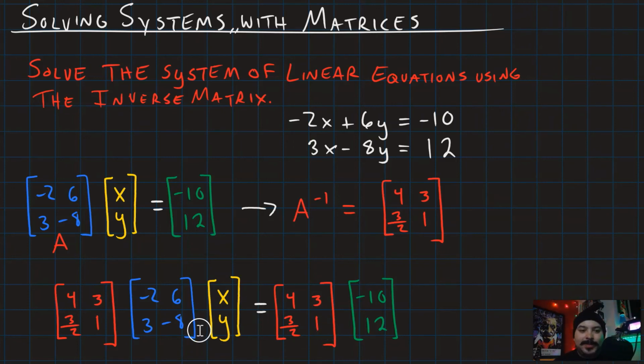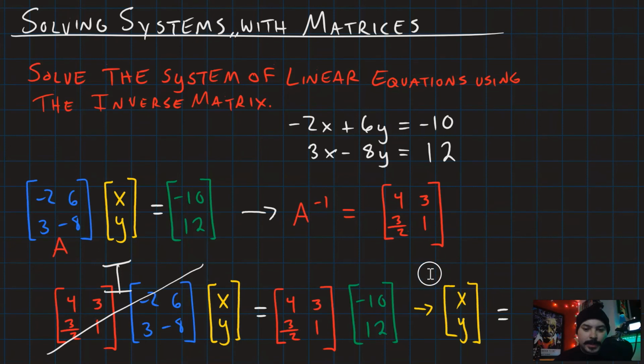What's great about multiplying our inverse matrix with our original matrix A is that these become the identity matrix 1, 0, 0, 1. And when we multiply this identity matrix, I, times our matrix xy, we're just left with that matrix xy.